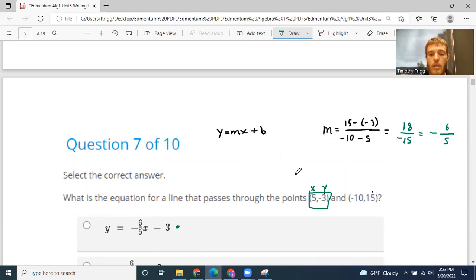So in my equation, I'm replacing the y with -3, and I'm replacing the m with -6/5 because that's our slope, and I'm replacing the x with 5. And then we have a plus b. I'm trying to find the b here.